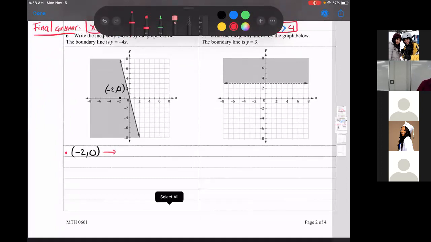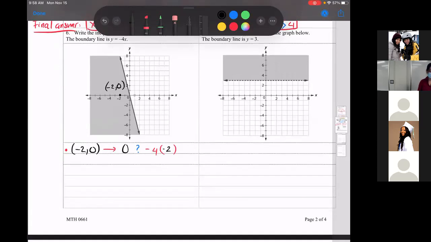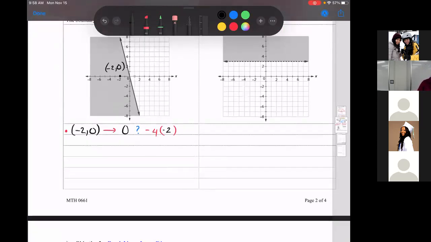So y, instead of equal, I'm gonna put a question mark because I don't know. -4 times parenthesis. So y is 0. X is -2. Maybe yours will be different than mine, but your final answer should be the same as mine, okay? So on the left hand side, 0 is still 0. On the right hand side, -4 times -2 is +8. So the question mark becomes, between 0 and 8?